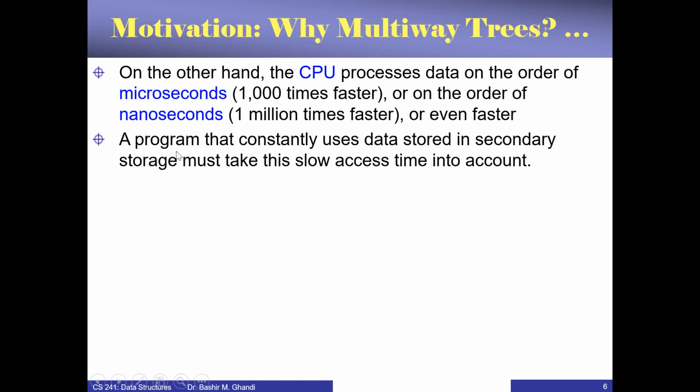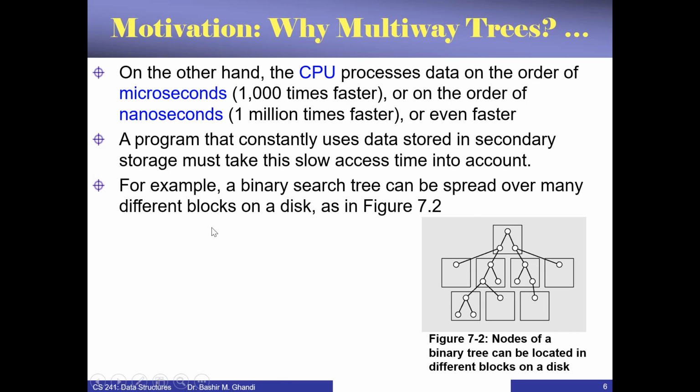Therefore, for a program that constantly uses data stored in secondary storage, when you are writing your program, especially when you are creating the data structure to store the data for your program, you have to take into account this slow access time of reading data from secondary storage.